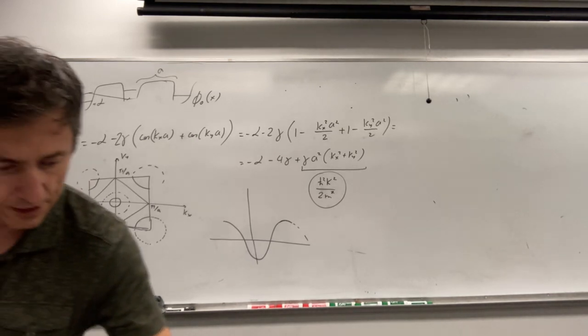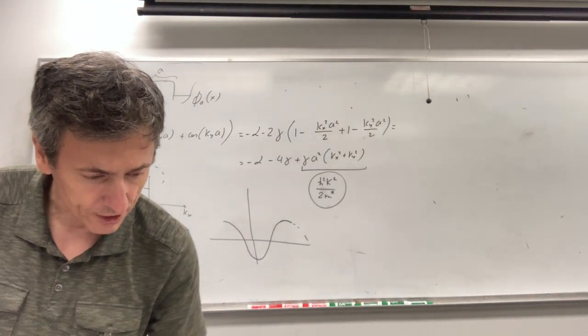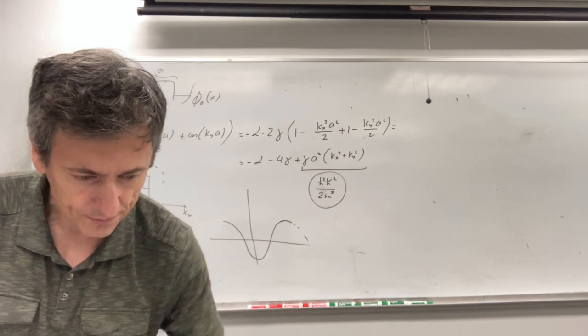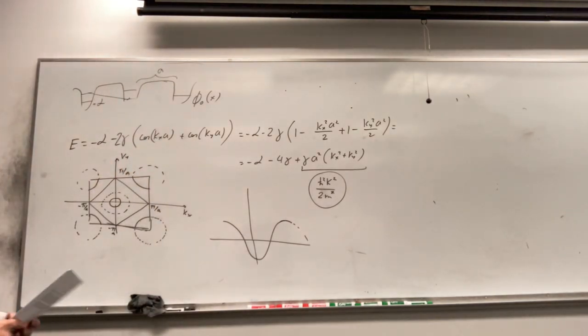But again, this is an approximation which is valid only in certain cases. But there are a lot of applications of the tight-binding model because it can describe, or at least capture, the main properties of the crystal.